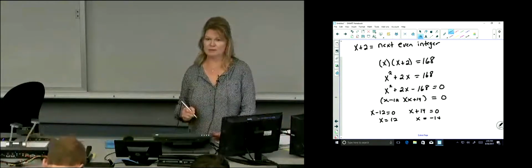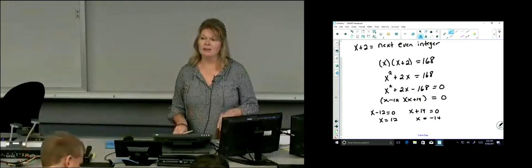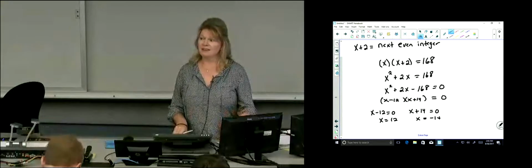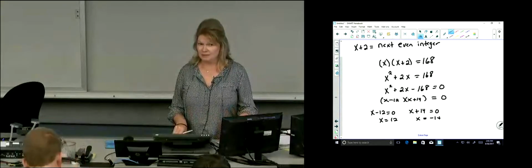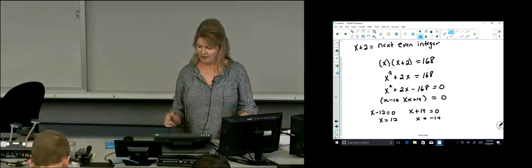So I have 2 choices. I have a 12 and a negative 14. In the beginning, they did not say that x had to be positive. So x could be negative, that's fine.